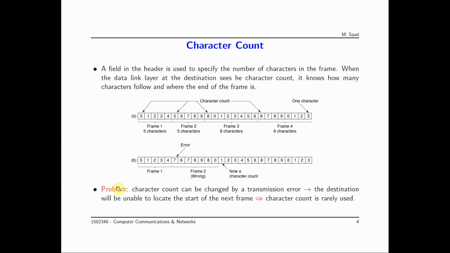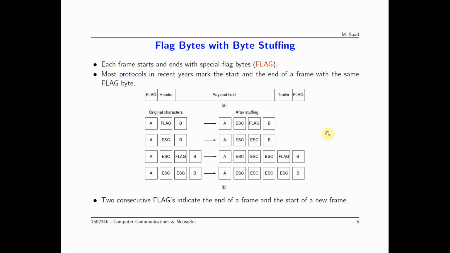And this is a big problem. So that simple method of character count has a big problem. The receiver will be totally out of synchronization in terms of the frames once there is one transmission error. This is the problem with this method, character count. That's why it's not widely used nowadays, and we have other techniques.